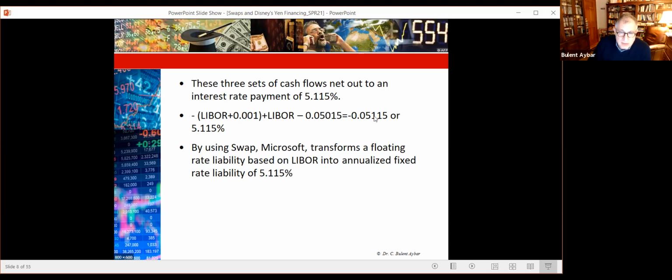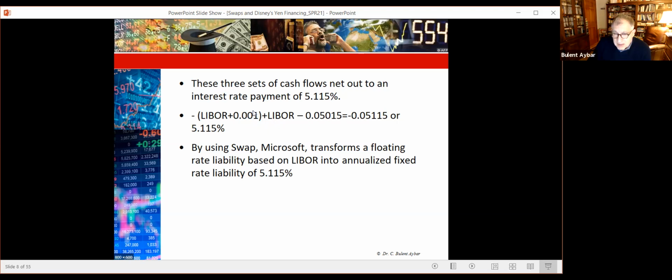So if you look at what Microsoft is going to pay and what Microsoft is going to receive, we can determine that its fixed interest cost is going to be 5.115%, because Microsoft is going to make a LIBOR plus 10 basis point payment to the original lender, but it is going to receive a LIBOR payment from the swap dealer, which is going to offset this LIBOR payment, and will leave a markup of 10 basis points alone. And on top of it, Microsoft is going to pay this fixed payment, which is 5.015%.